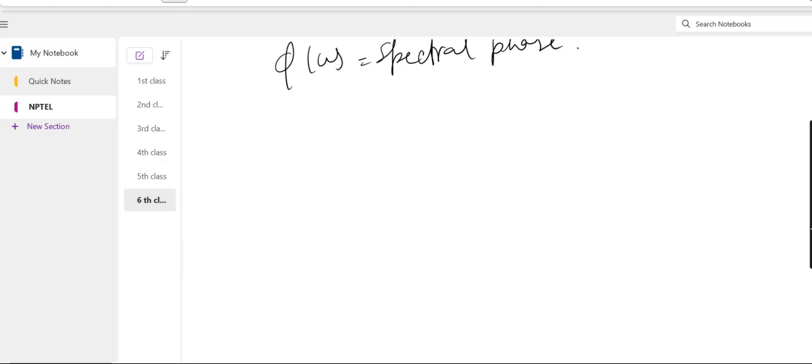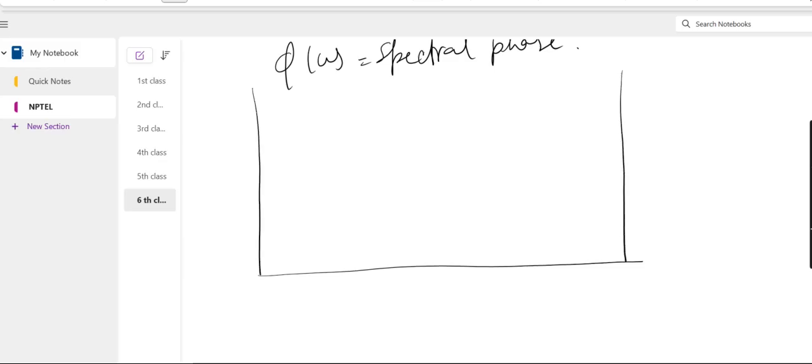So now if you plot this in a three-dimensional plane, in one direction this is spectral intensity, in another direction this is spectral phase, and this is frequency.